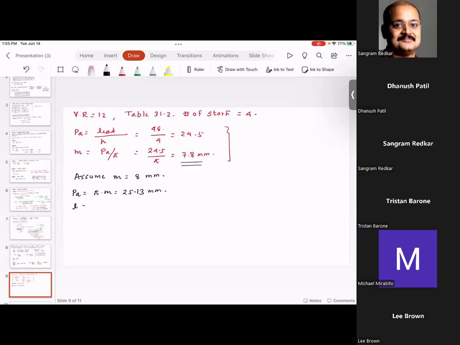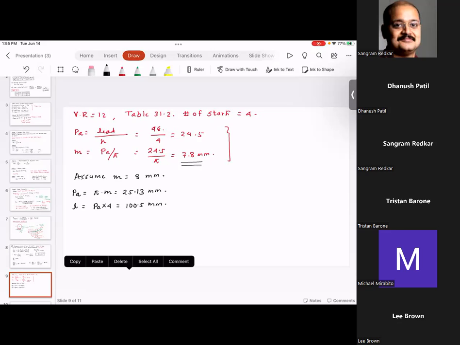Then you can find out the value of L, which is PA times 4, which is 100.5 millimeter. And you can find out the actual center distance, and then you can find out the diameter of the worm wheel, and so on.